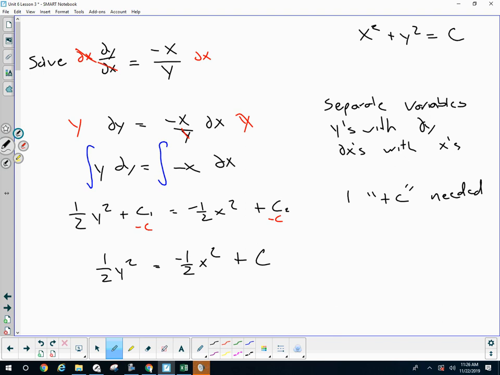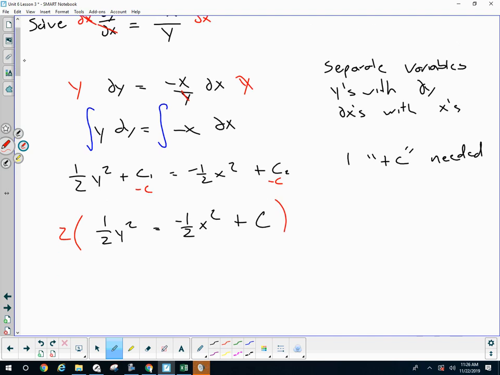Okay? Now, to put our answer in this form, we'll do a little bit of manipulation. I'll start by multiplying everything by 2. Now, when I multiply the left side by 2, I just get y squared. The right side, I get negative x squared. But now I have to think about 2 times c. This is very important.